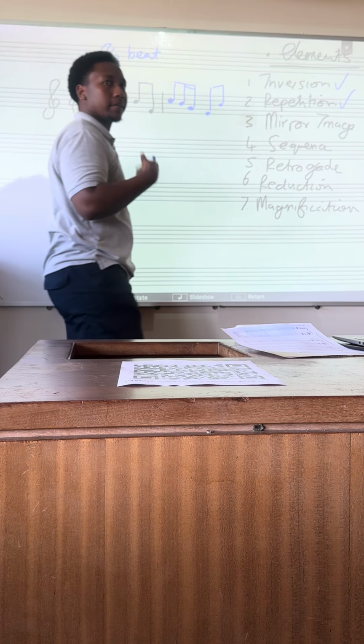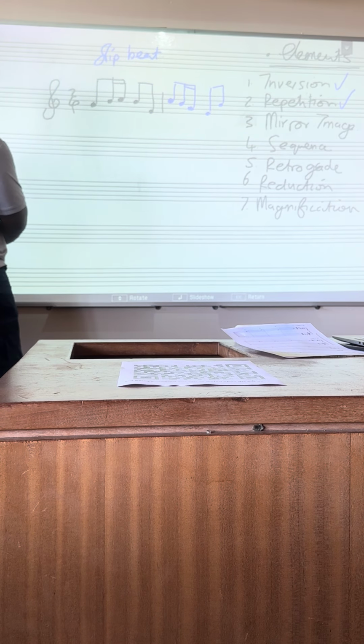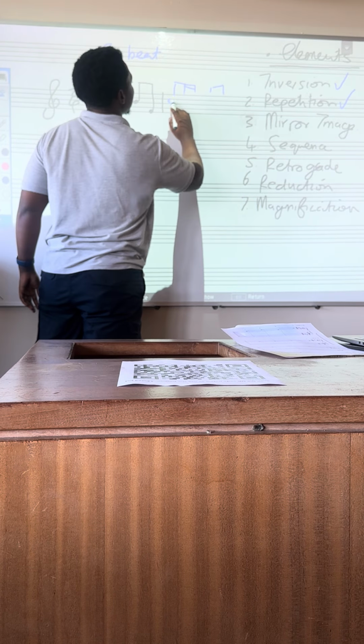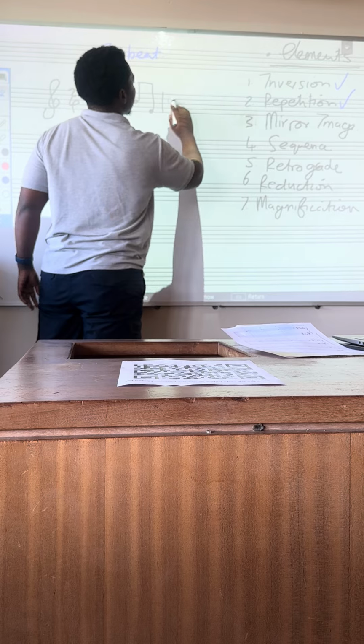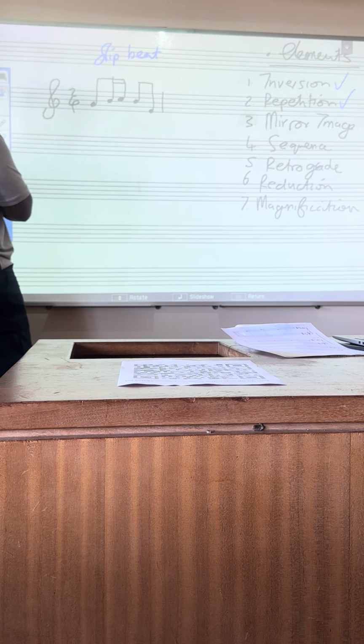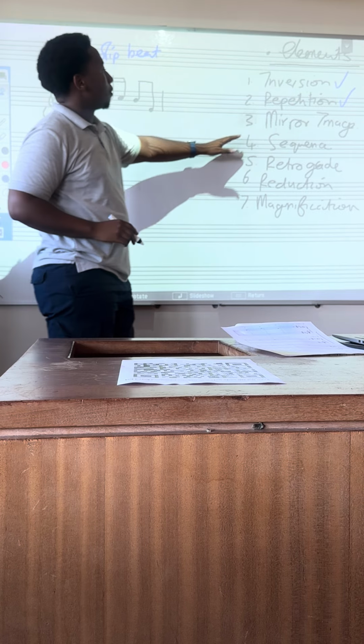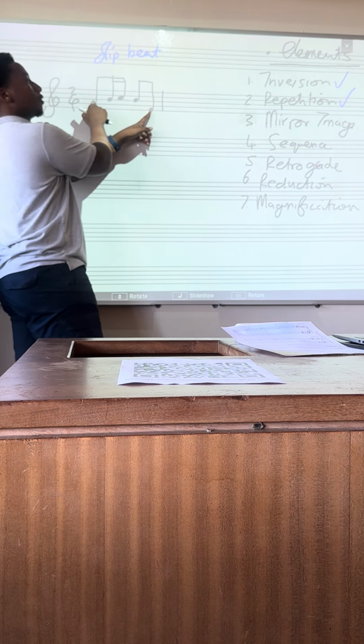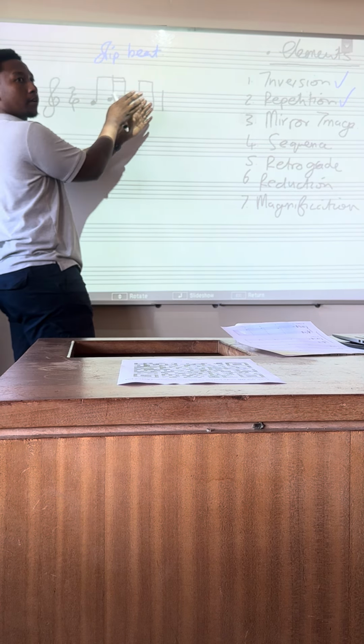Repetition, you just repeat the same thing. So you write it twice. I'm not going to write it twice, but you should know that. Mirror image, you just start going backwards like a mirror.